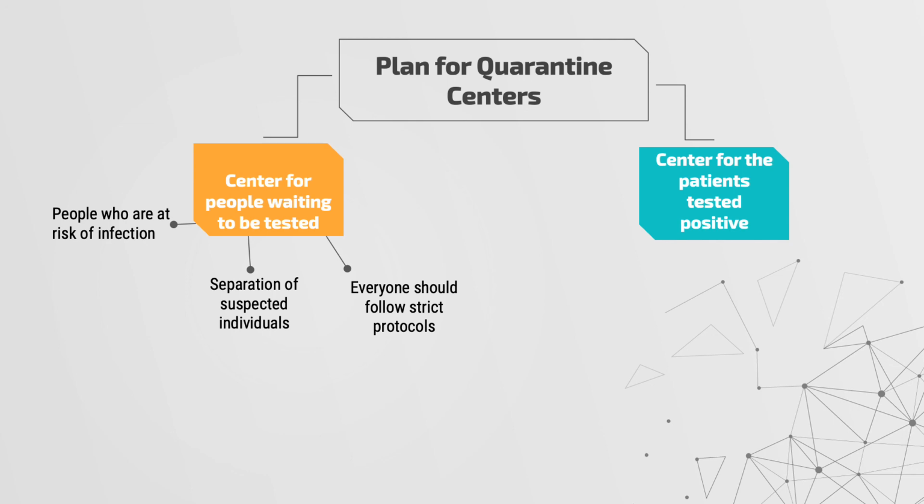So these people should be separated from one another to prevent further contamination or infection. And lastly, the staff and everyone should follow strict hygiene rules to prevent spreading. This includes constant washing of hands and monitoring the symptoms around.